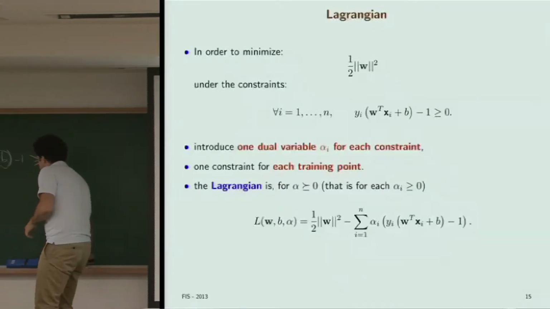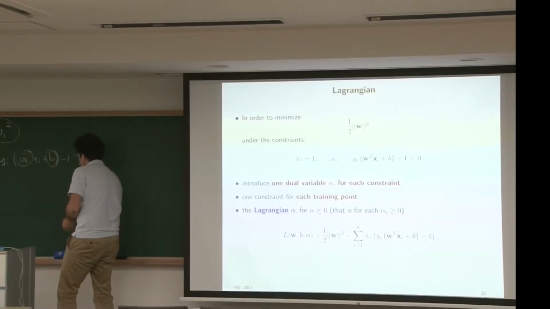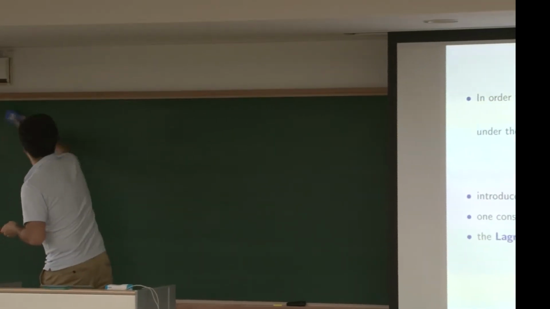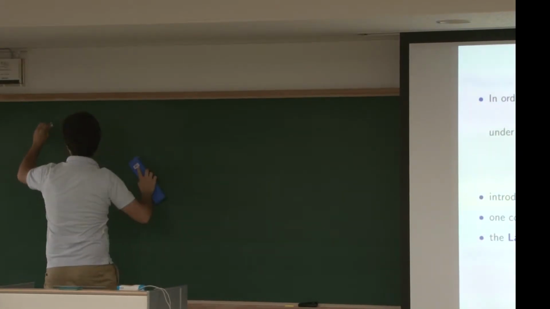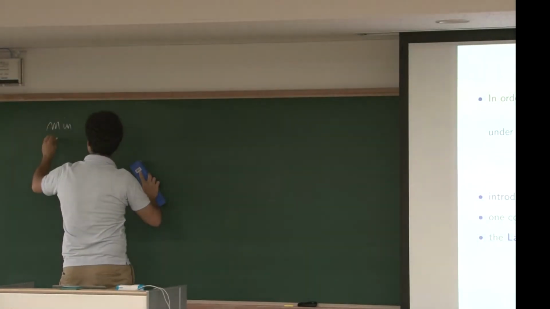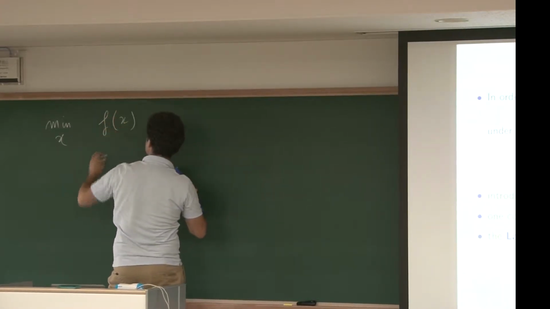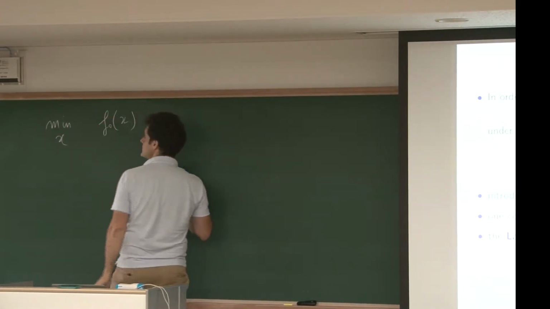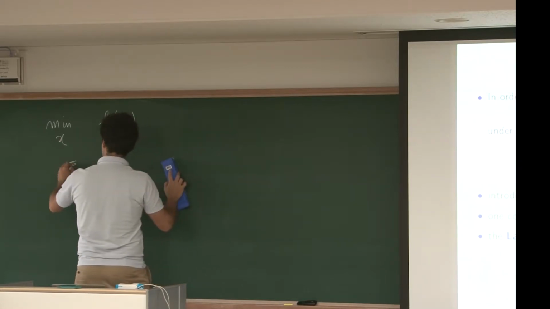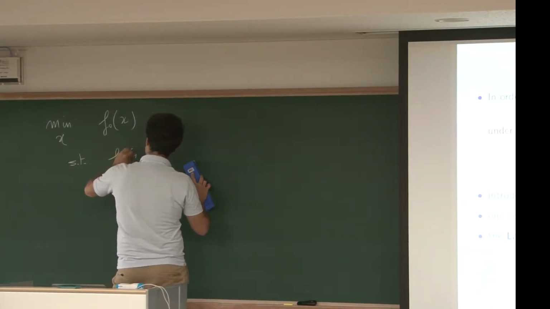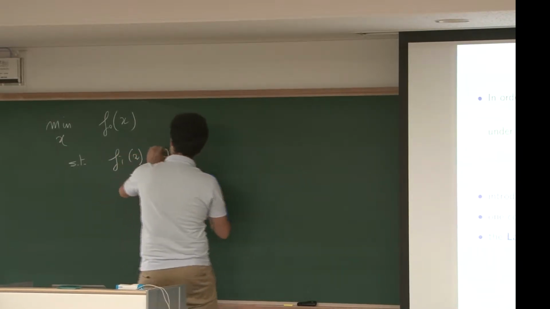Usually we have to deal with a problem which is a minimum over x of f of x. So we call it f0 of x such that fi of x is negative.